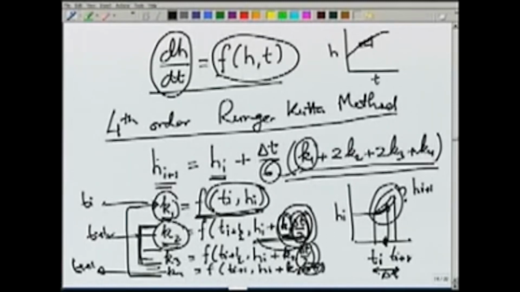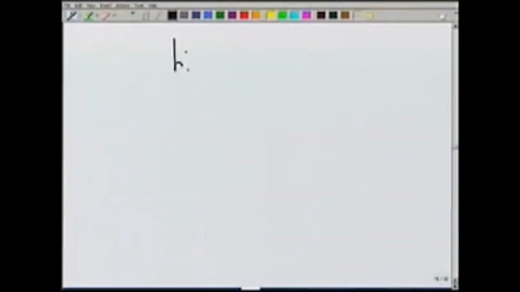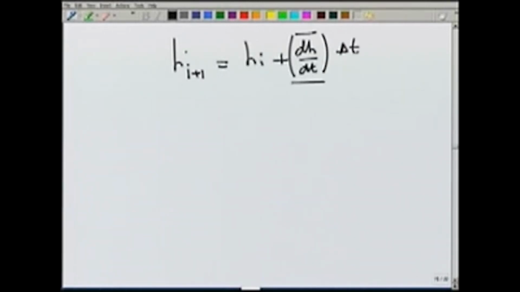So, we can see that this equation can be written as h i plus 1 equal to h i plus some average slope, which we can call, let us say, dh by dt bar into delta t, and this dh by dt is a weighted average of the values of dh by dt at beginning, end and midpoints.